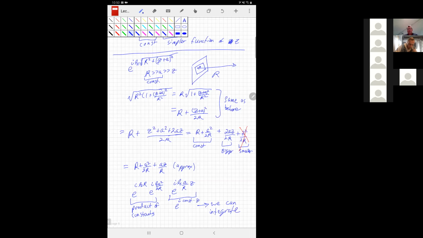But the point I want you to understand is that this is why we make these kinds of approximations, because oftentimes in physics, we have some sort of complicated expression. We're doing some geometry. We wind up getting square roots, and we put those distances into exponents because we're integrating some oscillating function.